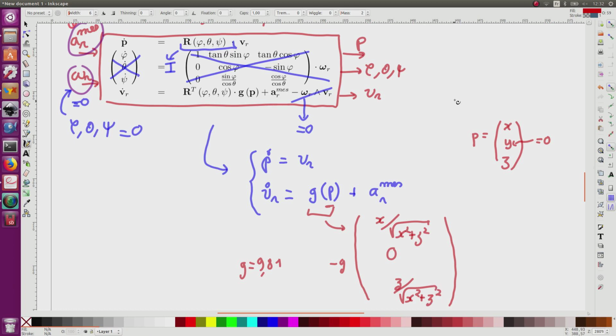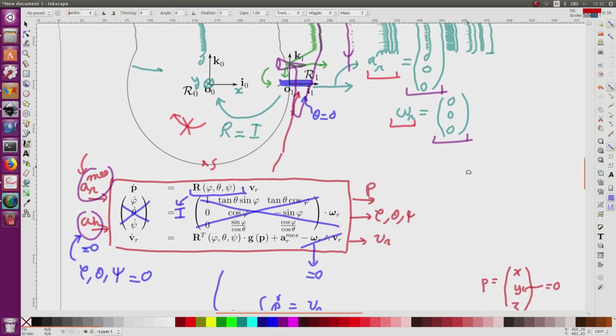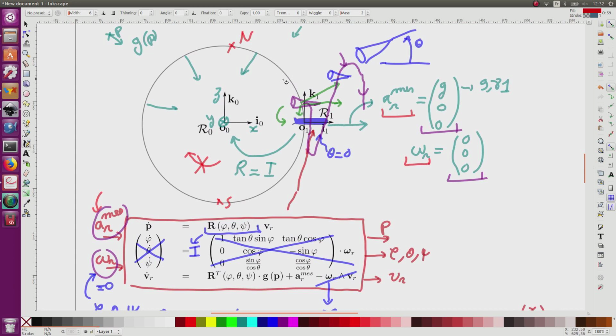So let me explain this. If my robot, near the surface of the Earth, is here at position p, here I have x, here I have z.